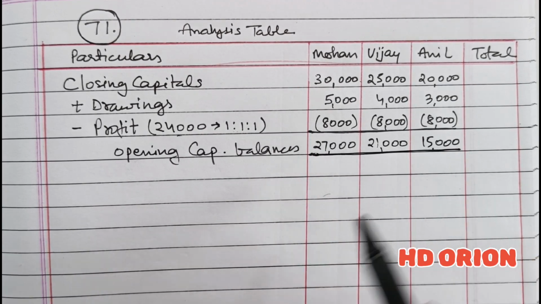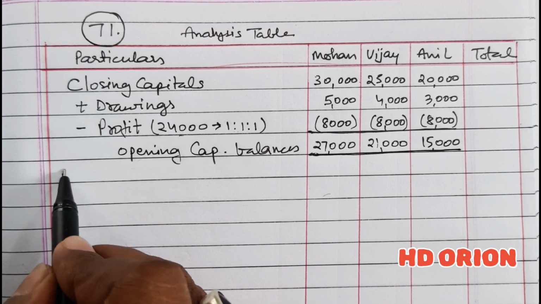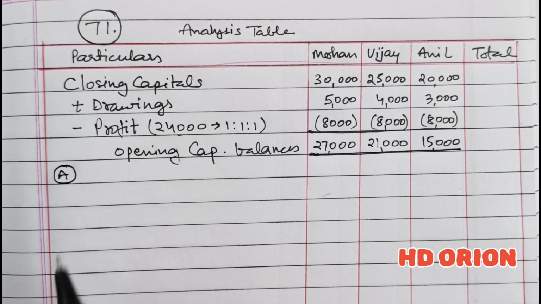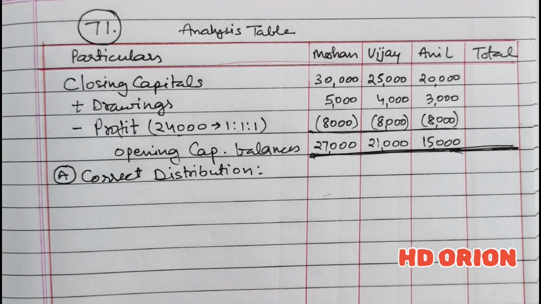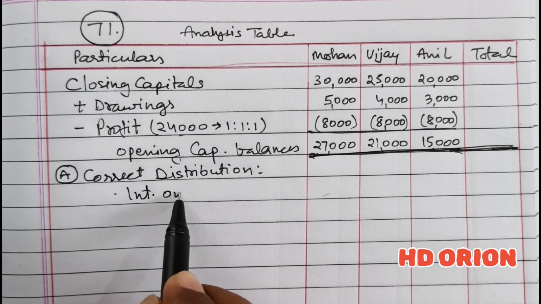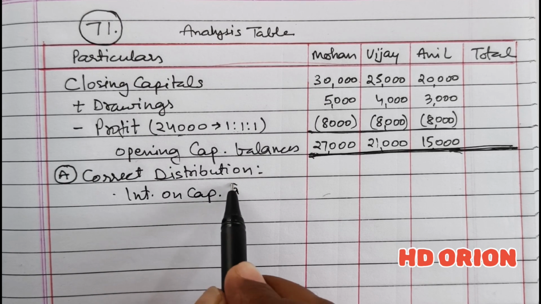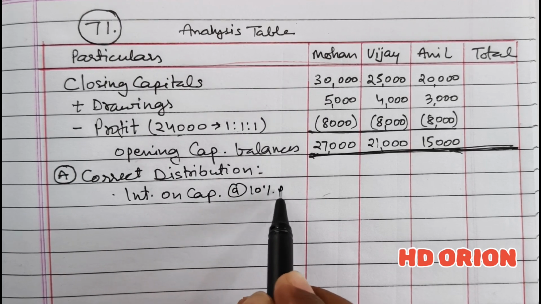After we have calculated the opening capital balances, now we will see what mistakes the firm has made in the accounts. So first is A, correct distribution of profit. First is interest on capital. Interest on capital at the rate of 10% per annum.